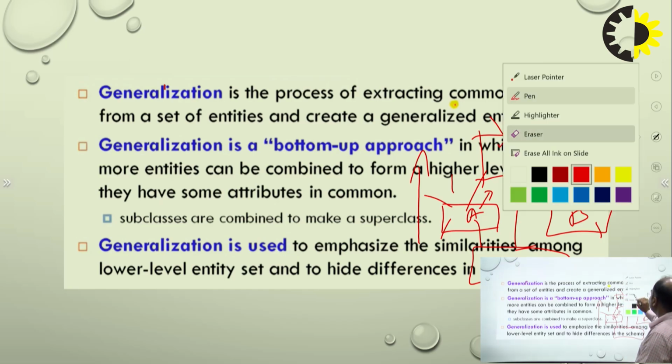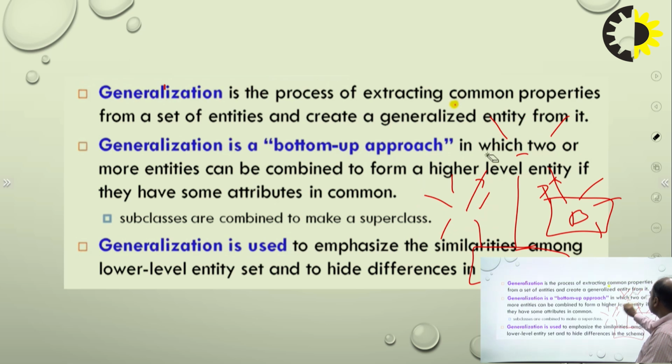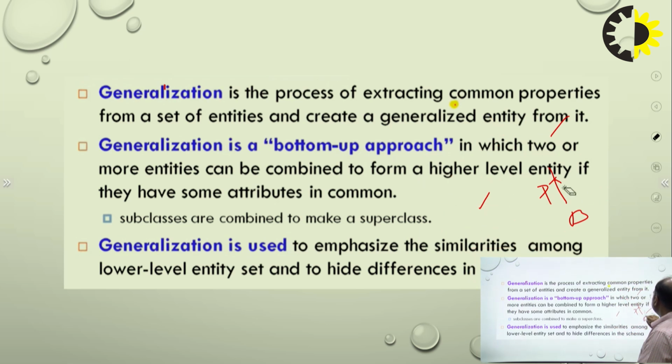While we generalize, it goes from lower level to higher level. So generalization is a bottom-up approach in which two or more entities combine to form a higher-level entity if they have some attributes in common.